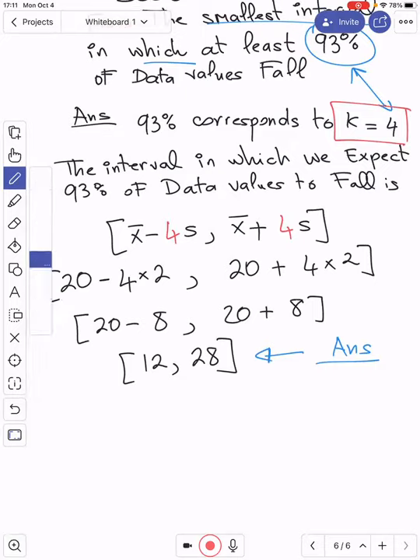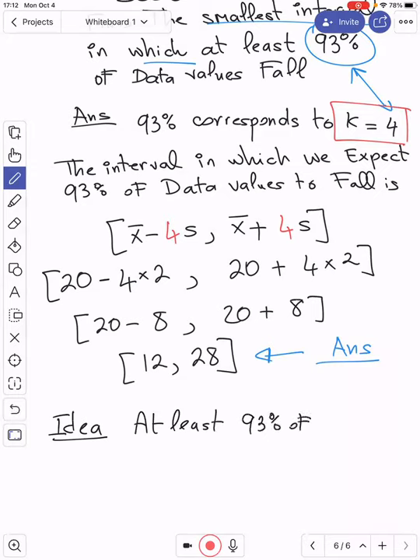So what does this interval say? What we are saying is that at least 93% of your numbers, of the data values, are between 12 and 28. Okay, they are larger than 12 and less than 28.